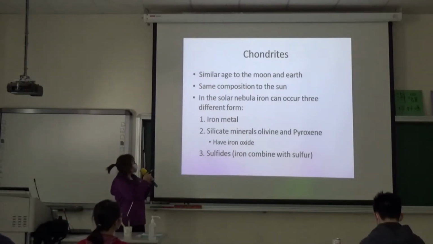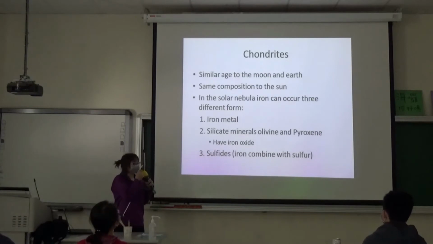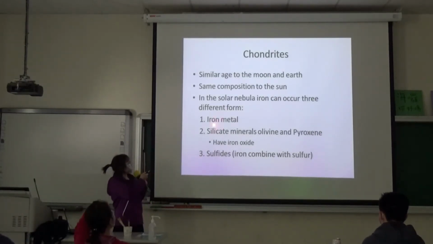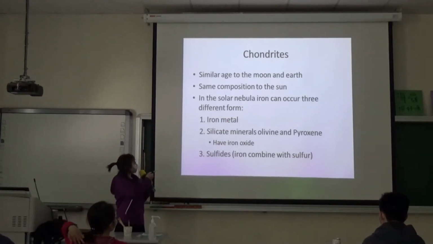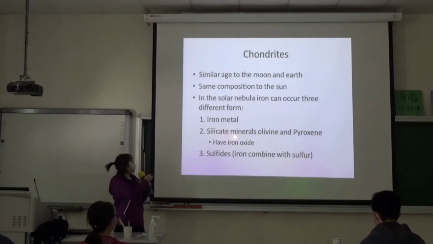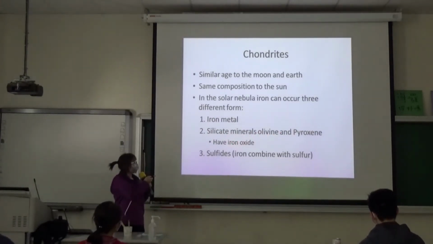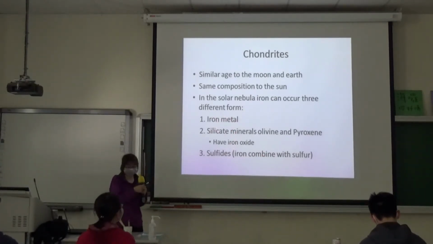In a solar nebula, there were three forms of iron. One is iron metal, just original iron. Another is silicate minerals, olivine and pyroxene. These two have iron oxide type. The third is sulfide, which is iron combined with sulfur. These three iron forms can also be found in the chondrite.